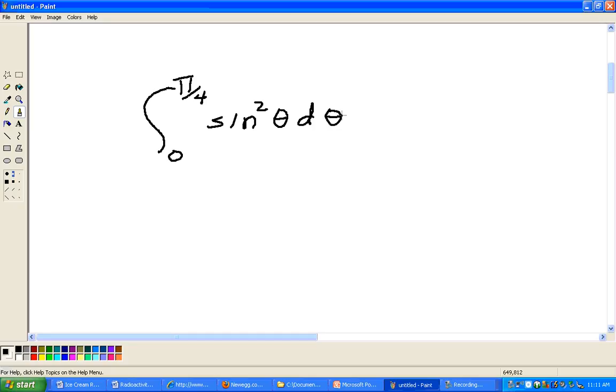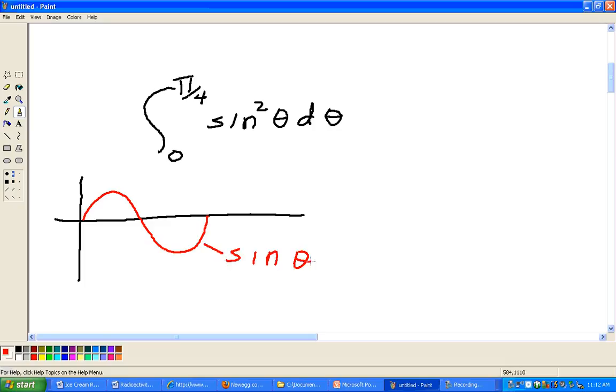So briefly, if you think back to what the sine looked like, if we were to graph the sine... that was sine.